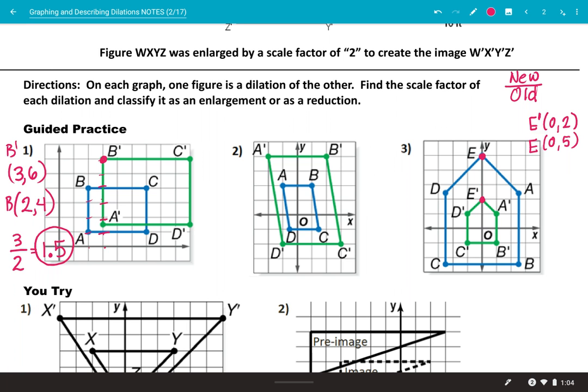We can't really divide the zeros, so we have to take the y values this time. We take our new one over our old one, and we can leave it as 2 over 5, or we can divide it, and we get 0.4 as the scale factor.